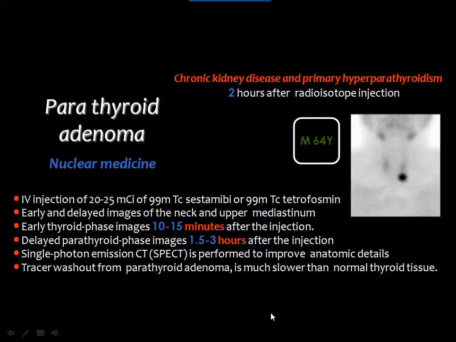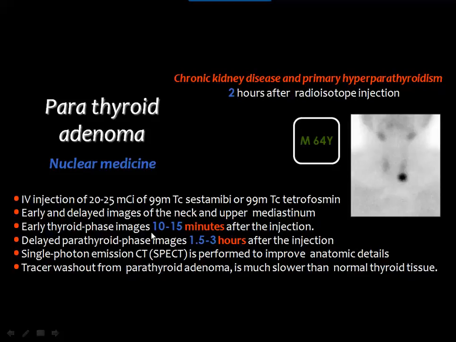One of the commonly used techniques for detection of parathyroid adenoma, and to locate if it is ectopic or not, is nuclear medicine using the technetium-99m sestamibi scan for the thyroid and the parathyroid glands as well.